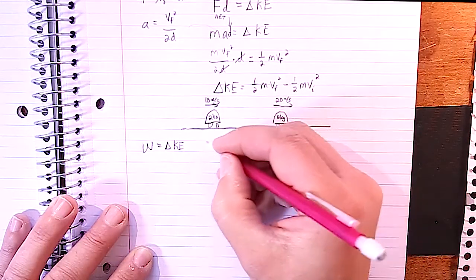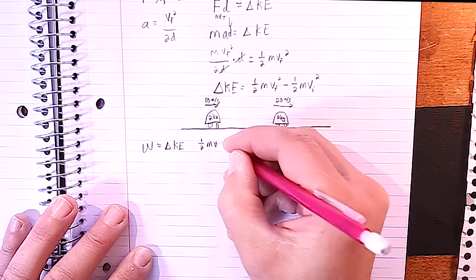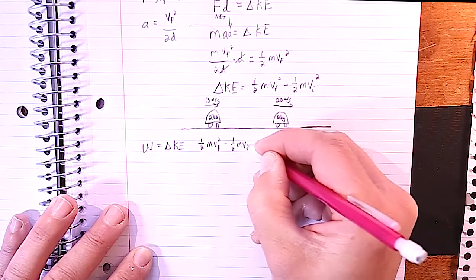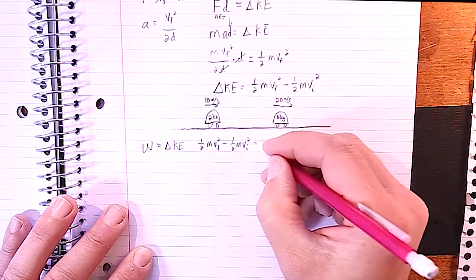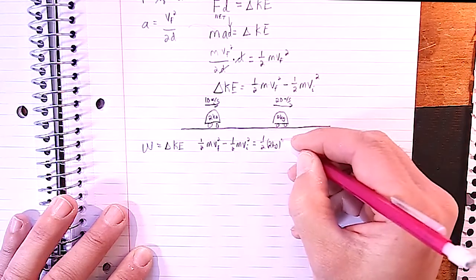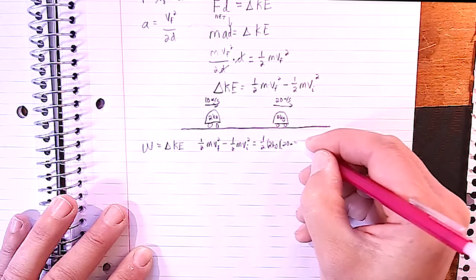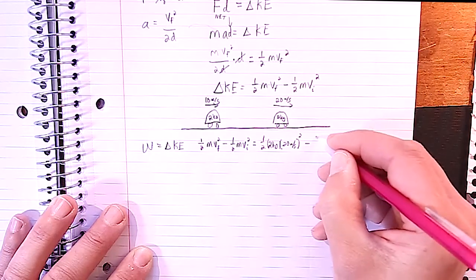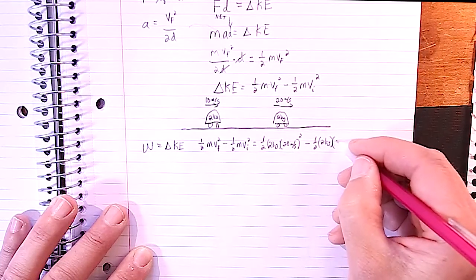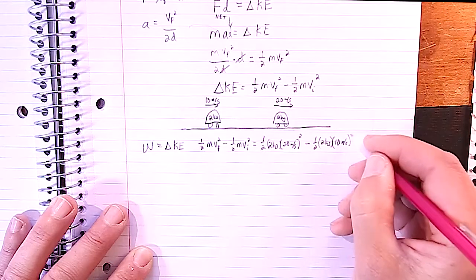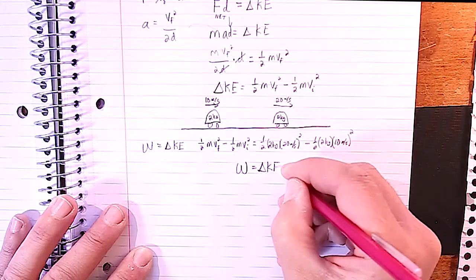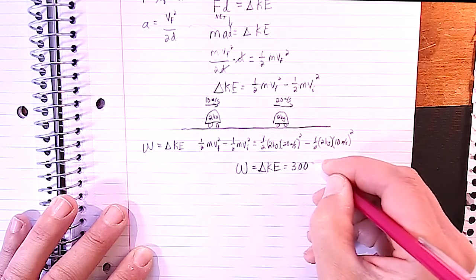So to do that, we're going to say 1/2 m vf squared minus 1/2 m v initial squared, which is not 0 this time, is equal to 1/2 times 2 kilograms times vf squared, which is going to be our 20 squared, minus 1/2 times 2 kilograms times v initial squared, which is going to be our 10 meters per second. And if we do that work, that comes out to a change in kinetic energy of 300 joules.